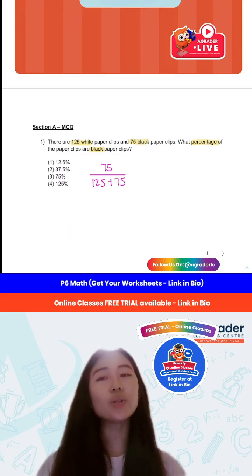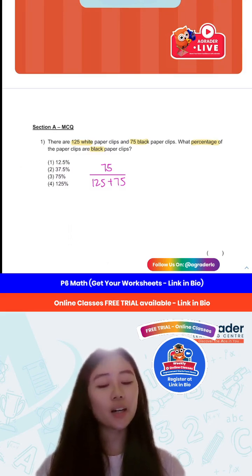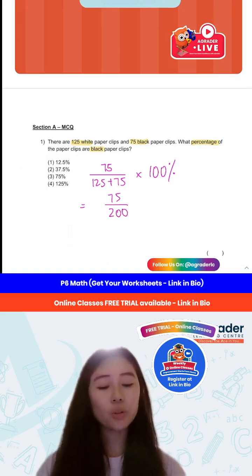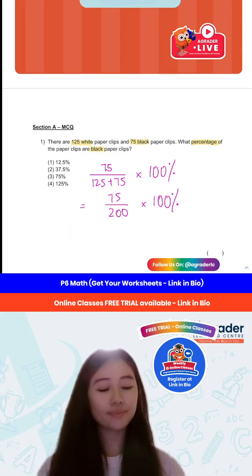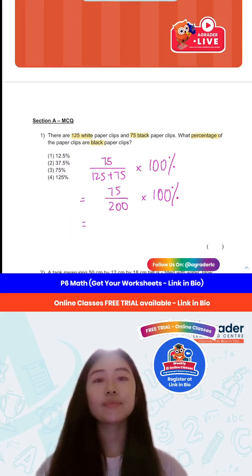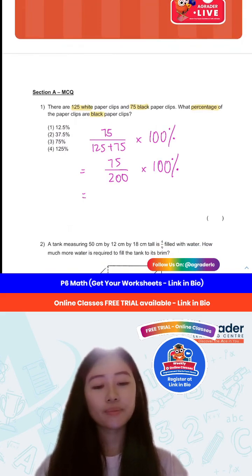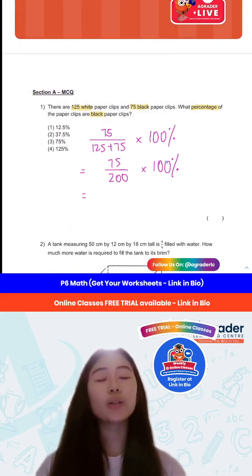After you form this fraction, you just need to change it to a percentage by multiplying by 100%. So this is 75 over 200, and then you times 100%. Over here you can cross cancel.